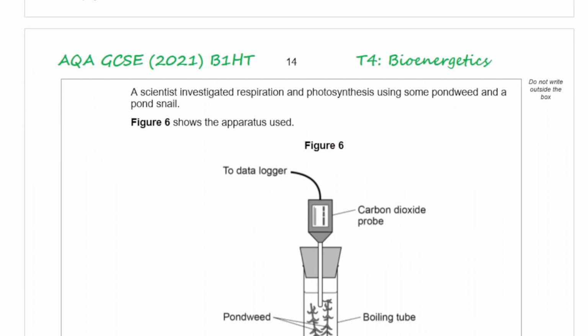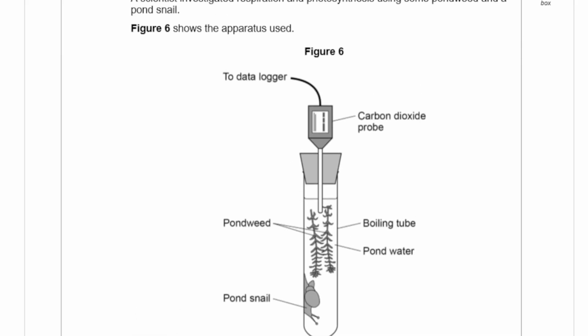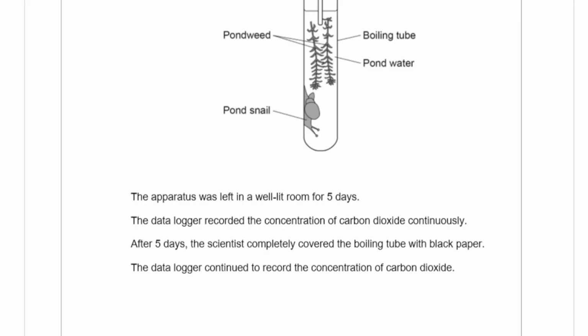A scientist investigated respiration and photosynthesis using some pondweed and a small pond snail. So you've got the pond snail in a test tube with a pondweed, attached by a carbon dioxide probe to a data logger. The apparatus was left in a well-lit room for 5 days.